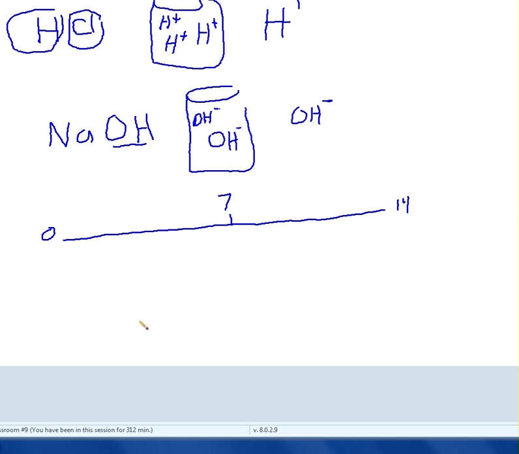Now, if this is neutral, say you test a solution, the further you get away from the 7, the stronger the acid becomes. This is actually a 6, and then a 5, and then a 4, and then a 3, 2, 1.